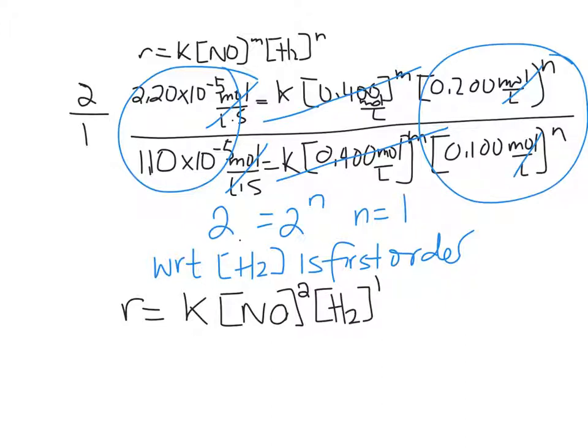So now that we have our exponents, we can solve for K again. And what we do is we pick one trial, one run of the experiment, substitute in the values, solve for K. So if we isolate K again, it's equal to the rate over the concentrations. So we're going to plug in our values.